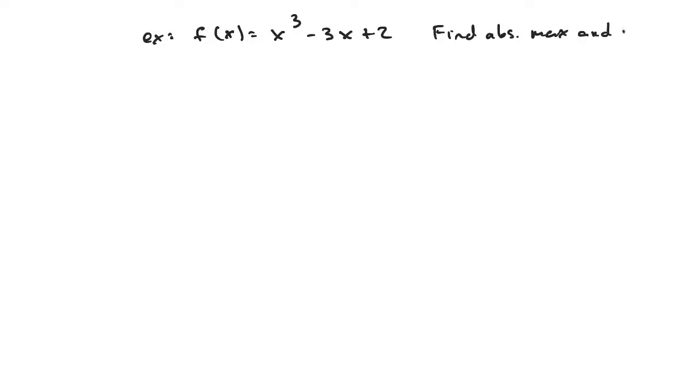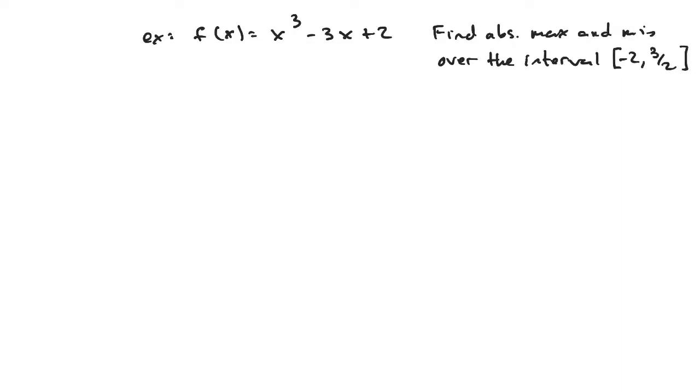Let's say that, for example, we have f of x equals x cubed minus 3x plus 2. We want to find the absolute max and min over the interval minus 2 to 3/2.